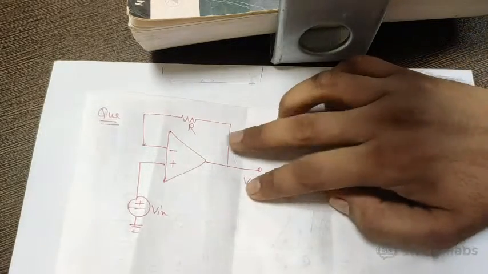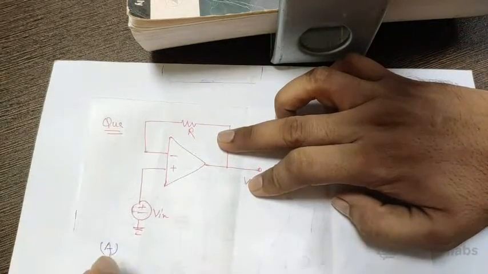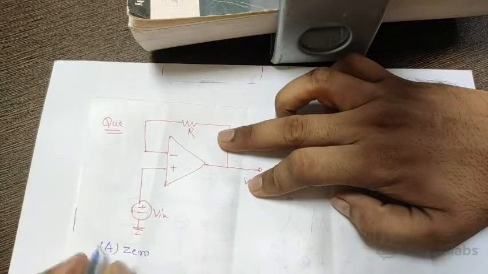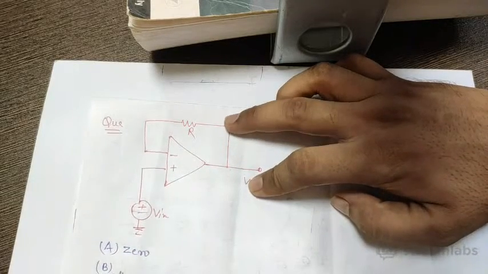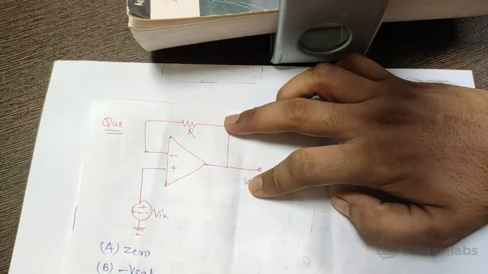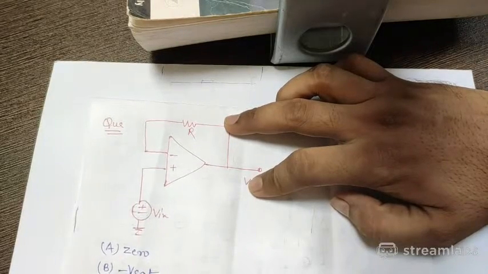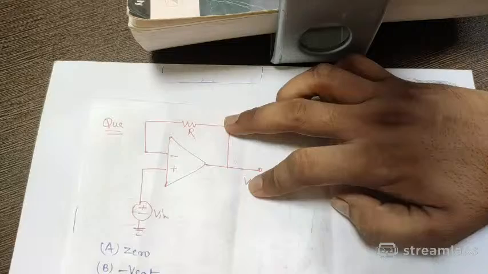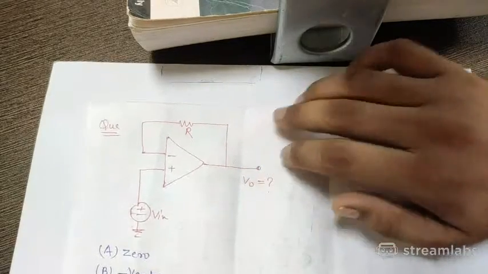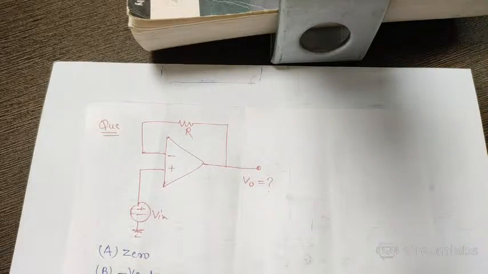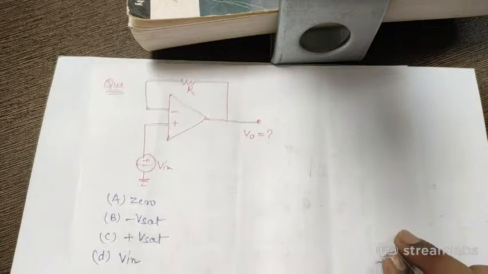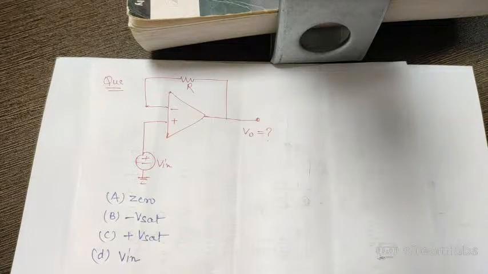I will give you options also. Option A is 0, option B is minus V sat, option C is plus V saturation, option D is Vn. These are 4 options, so you can tell options also.